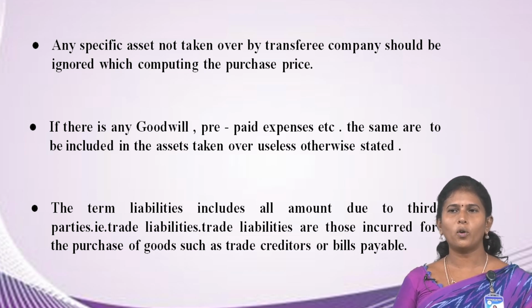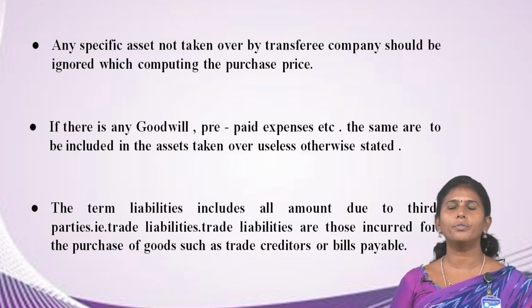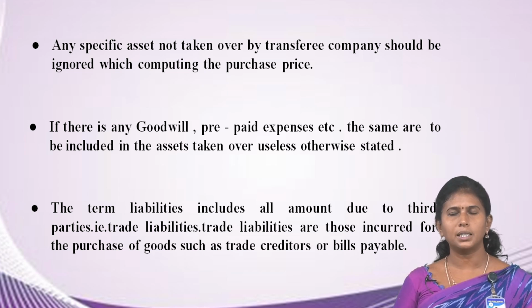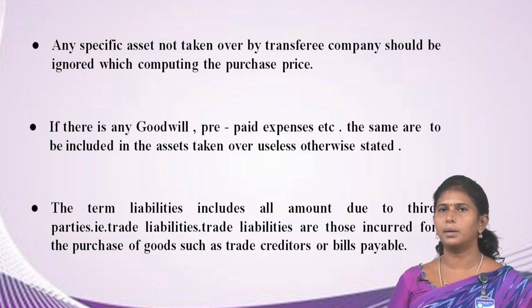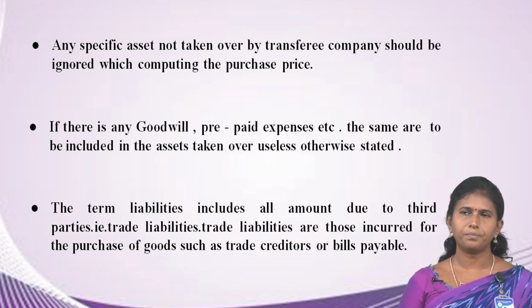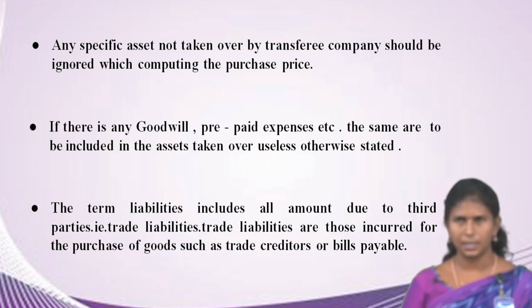The above four points are considered while ascertaining the agreed value of assets taken over. Then the fifth point is the agreed value of liabilities taken over. The term liabilities includes all amounts due to third parties, that is, trade liabilities.